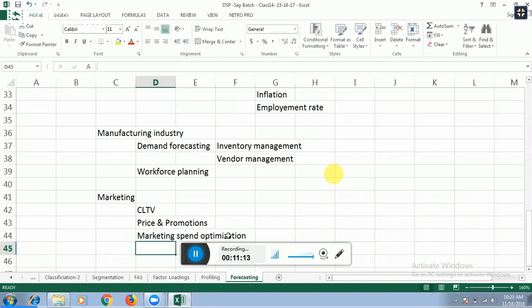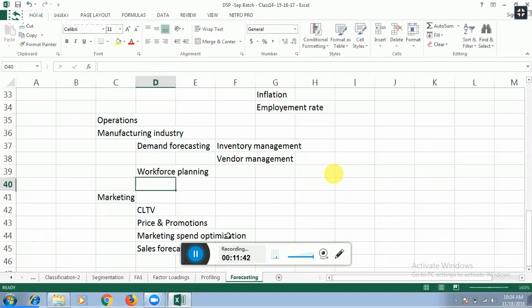Marketing spend optimization is nothing but deciding where to spend more and where to spend less: which channel I need to spend on, which channel I need to spend less on. This also comes under the marketing perspective. Of course, sales forecasting or revenue forecasting, etc. And these are all operations perspectives.